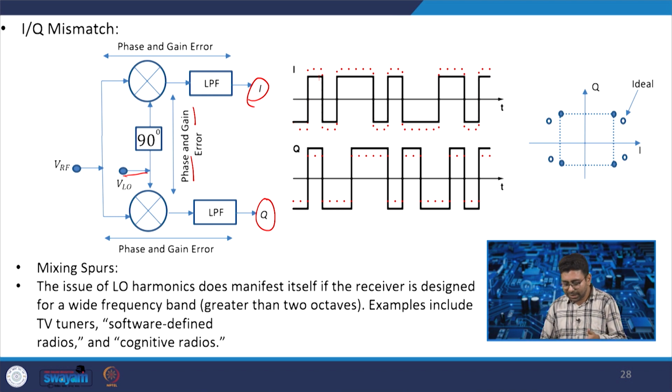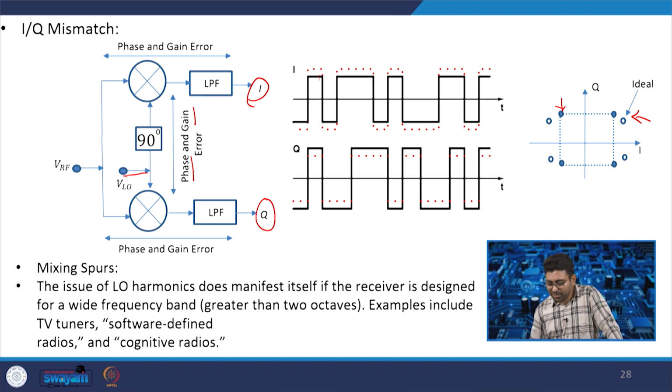If there is an amplitude mismatch, in your constellation diagram, which we already saw while discussing the basics of wireless communication, this is the ideal constellation point, and due to the change in amplitude it is shifted to the other point.